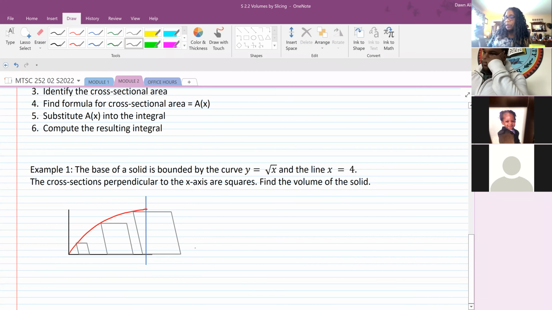Okay, so these squares are sticking up in the air like this. All right. So for any given x, here is the square at that x that's sticking up in the air.